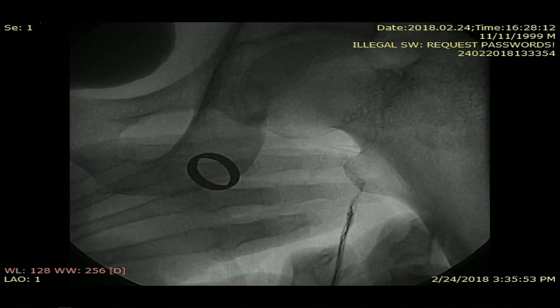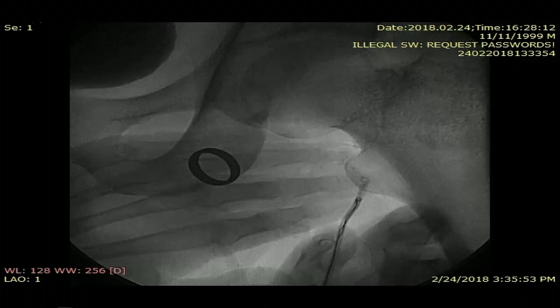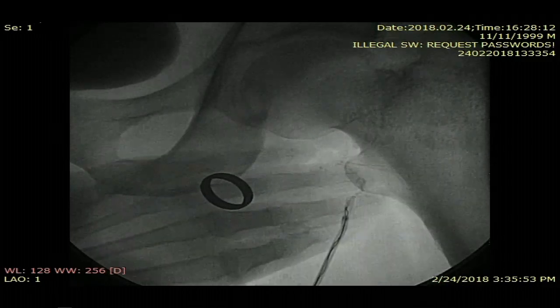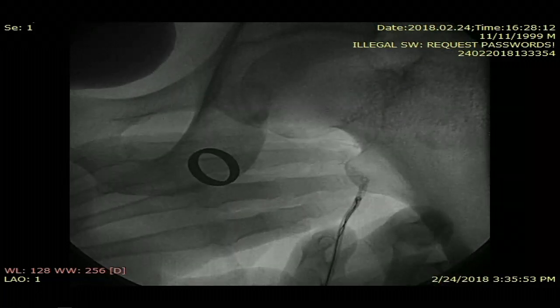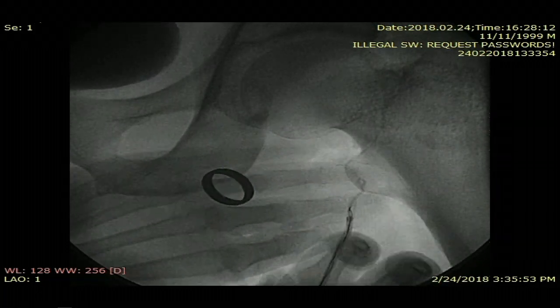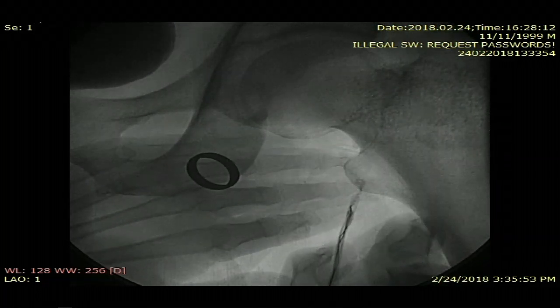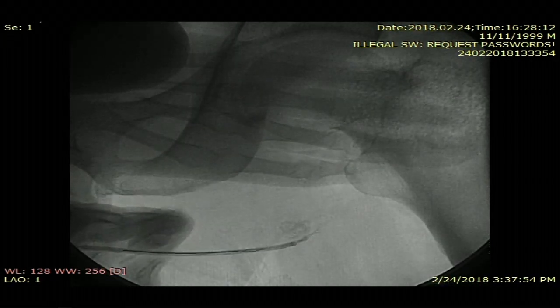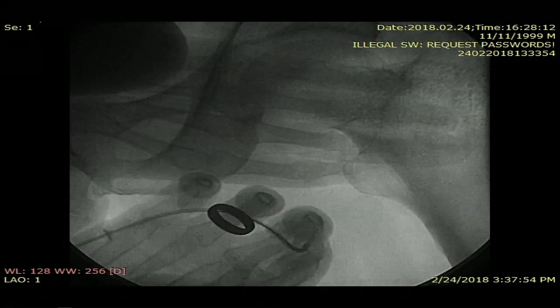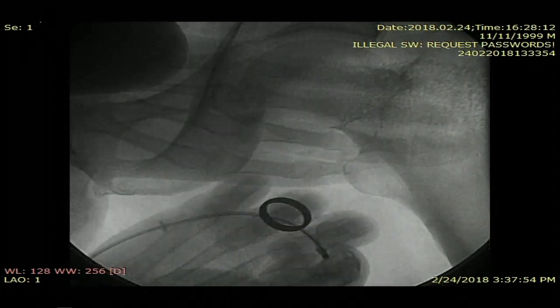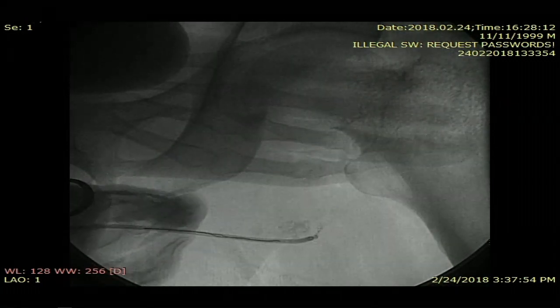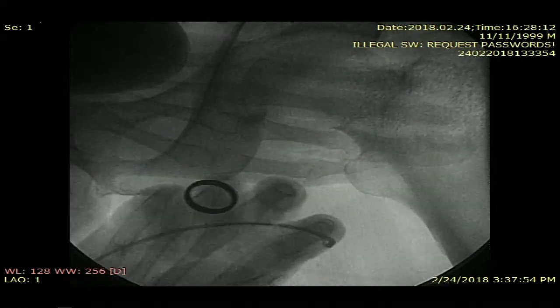It was somewhat stuck, so we feared that a piece of it was maybe torn or left as a residual part in the femorals. So after we pulled it out successfully, and this is the last step after we pulled it somewhat outside the skin.